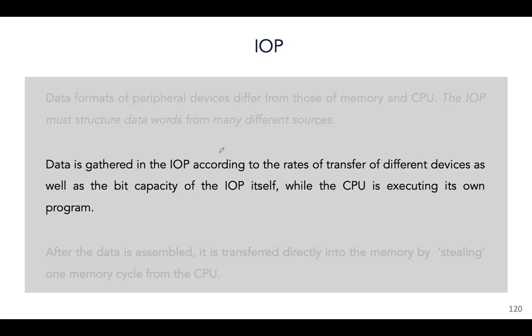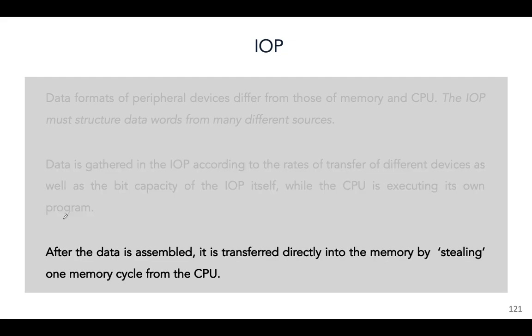Now, data is gathered in the IOP according to the rates of transfers of different devices, as well as the bit capacity of the IOP itself, right? Because now you have to consider the rate of transfer of the different devices as well as the capacity of this processor itself. So the data is gathered in the IOP in accordance with all of these conditions while the CPU is executing its own program. So the CPU is a separate entity now, right?